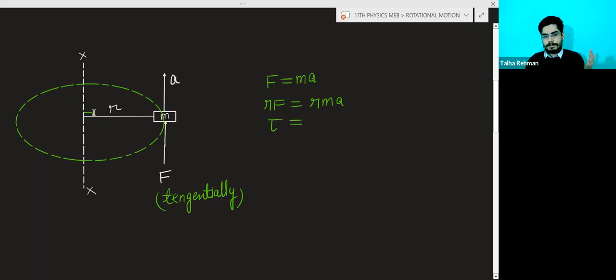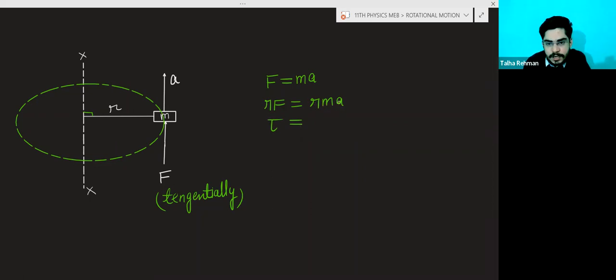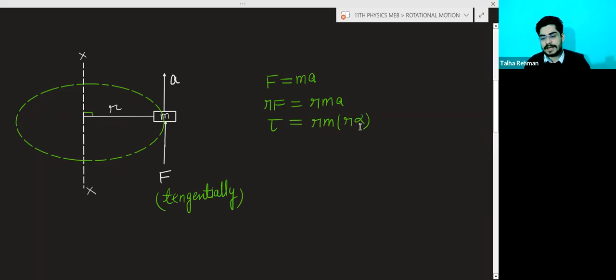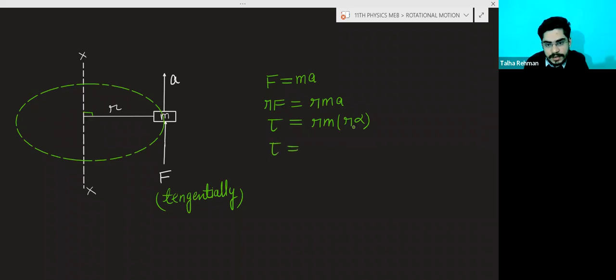Torque is equal to force into perpendicular distance. Here, this is torque, and here is m, here is a. Now this a can be written as r into alpha, where alpha is the angular acceleration. So this torque you can write as m r square into alpha.